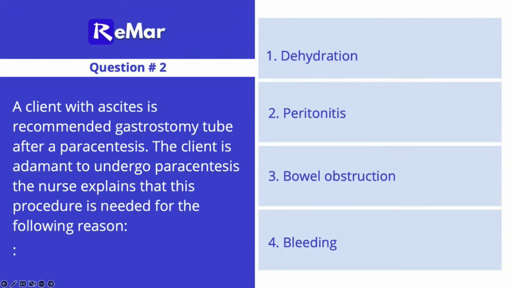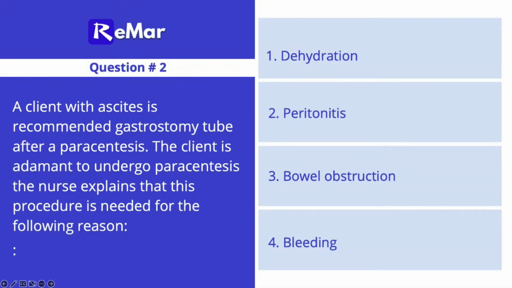Question number 2 says this: a client with ascites is recommended gastrostomy tube after a paracentesis. The client is adamant to undergo paracentesis. The nurse explains that this procedure is needed for the following reason.